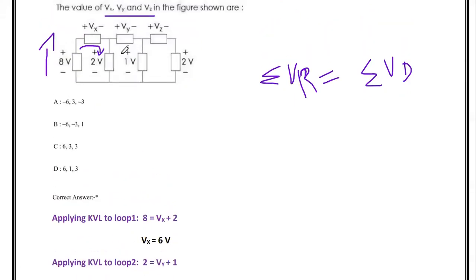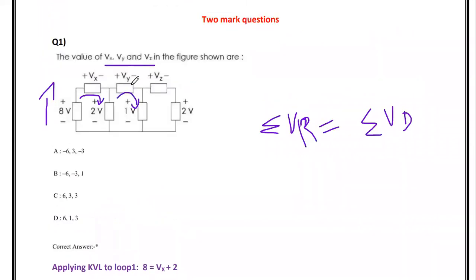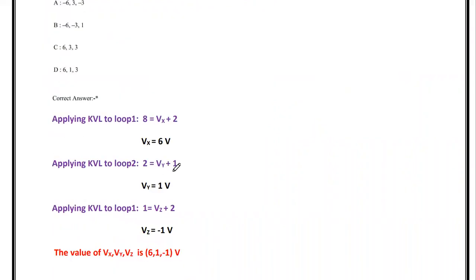Similarly, apply KVL to the second loop. Starting here, minus to plus is a voltage rise, so 2 equals Vy, plus to minus voltage drop, and this is also a voltage drop, so 2 equals Vy plus 1. So Vy equals 2 minus 1, which is 1 volt.